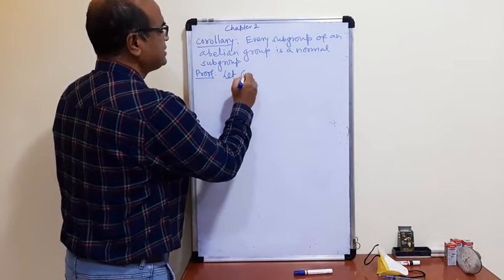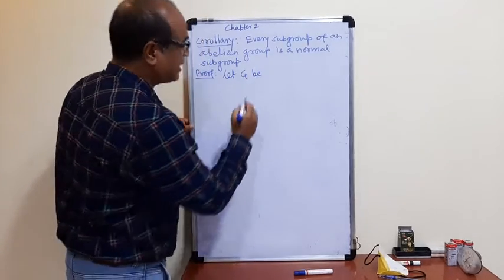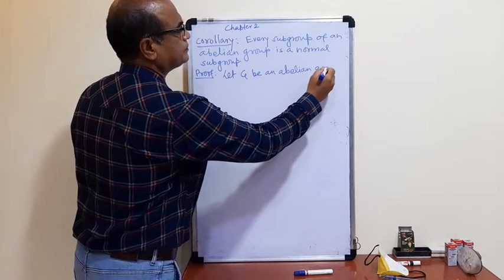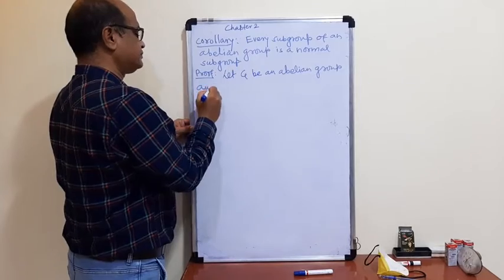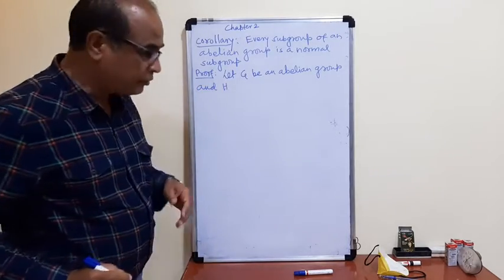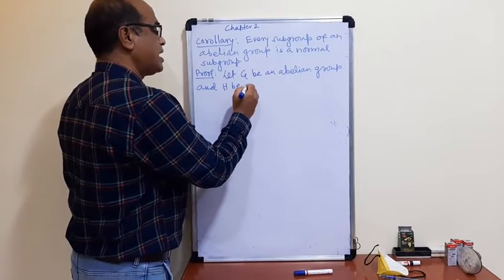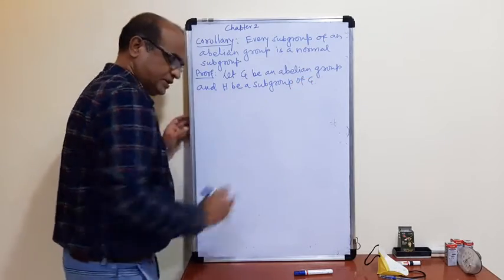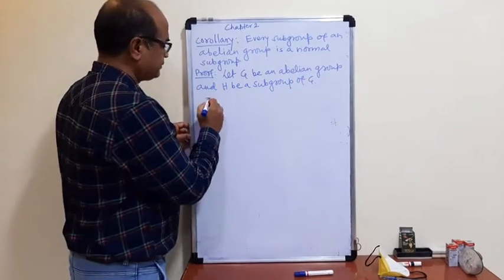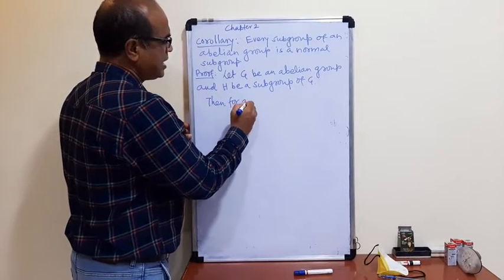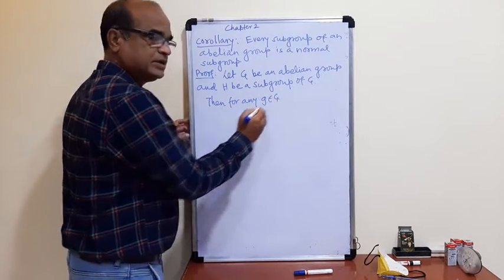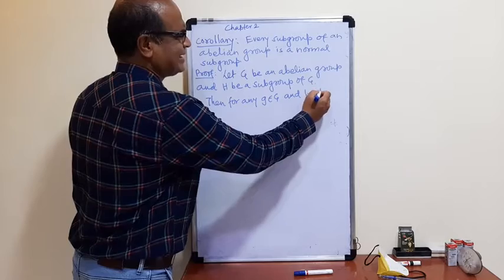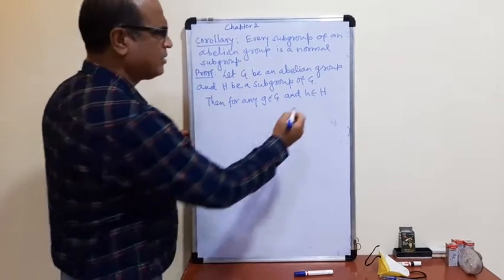Let G be an abelian group, that is given, and H be a subgroup of G. Okay, then for any g belonging to G, and small h an element of H, any element we have.